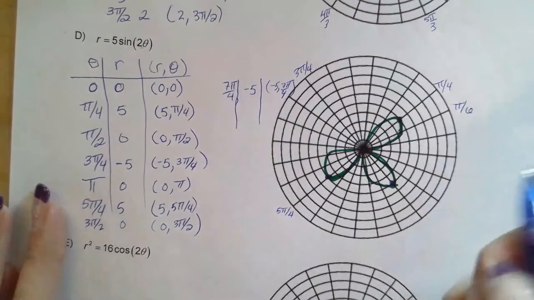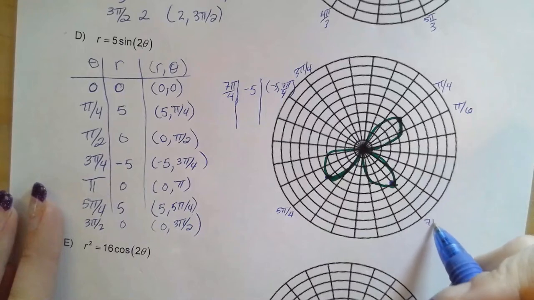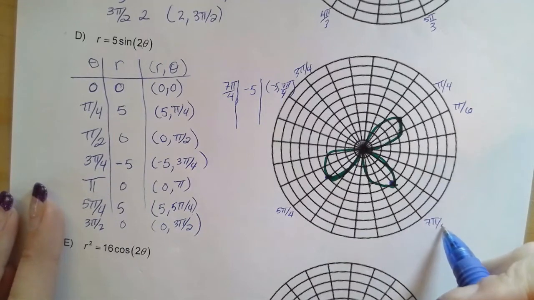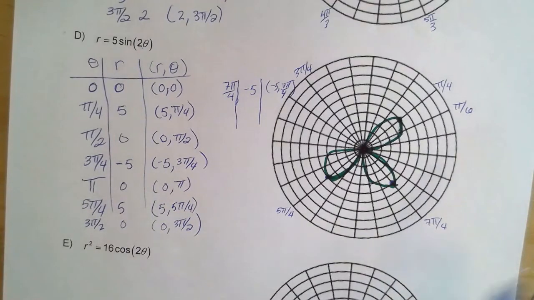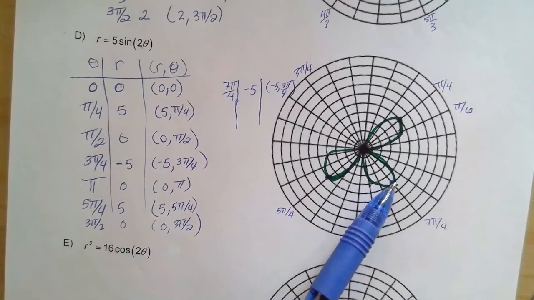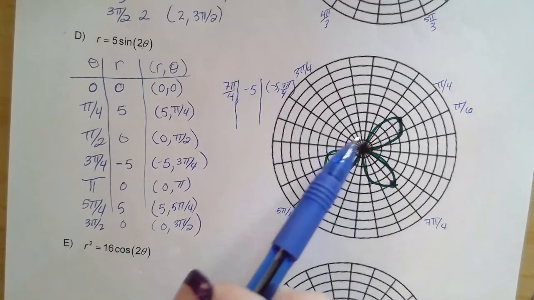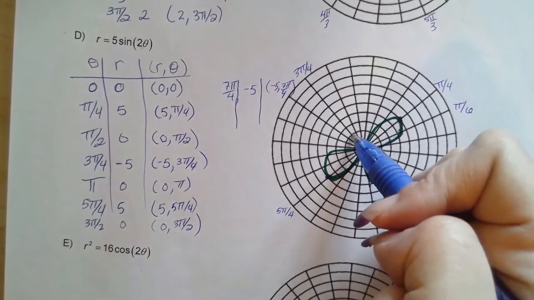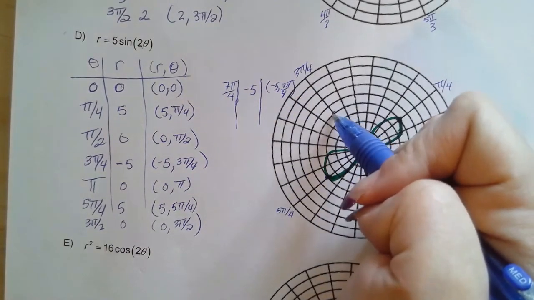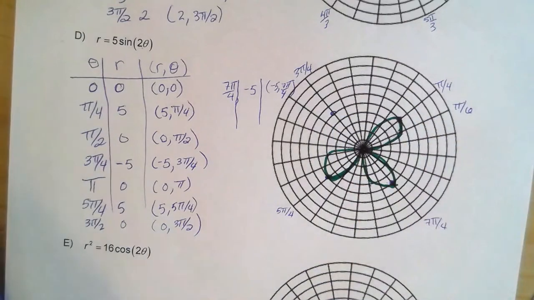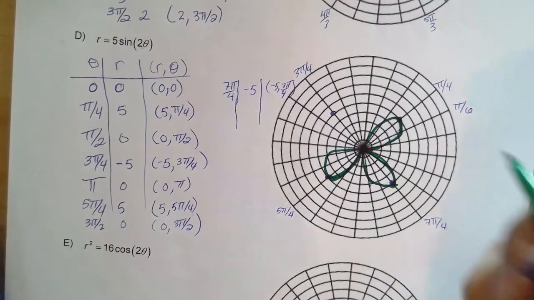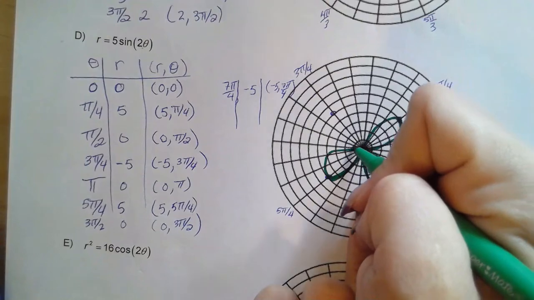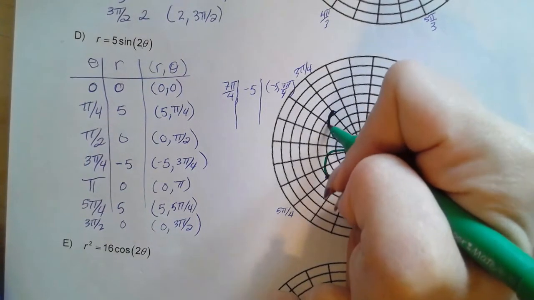Okay, so 7 pi over 4 is right here. But I don't have to worry about this, guys, because -5 means I'm going to go away from the 7 pi over 4, which means I'm going to go back here. So I get 1, 2, 3, 4, 5.